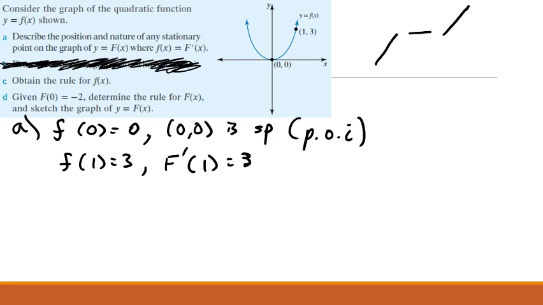Okay? So now, we presume that this is a quadratic, correct? For f dashed of x. So let's presume that. And specifically, this quadratic, if you have a look, has a turning point in the middle. So we can use the turning point form. Does anyone remember what the turning point form looks like?